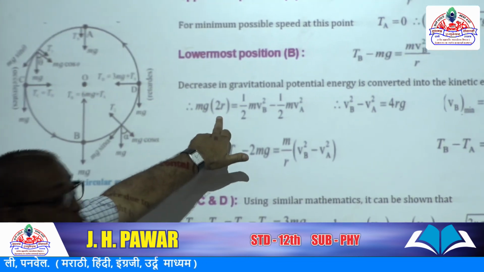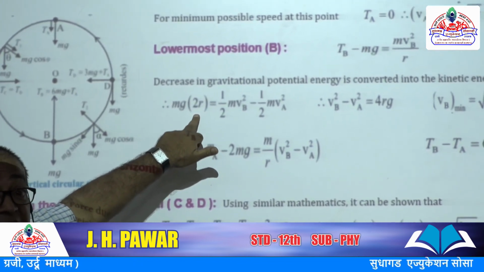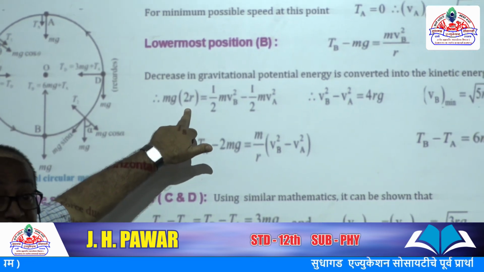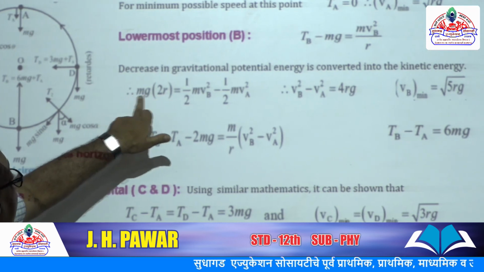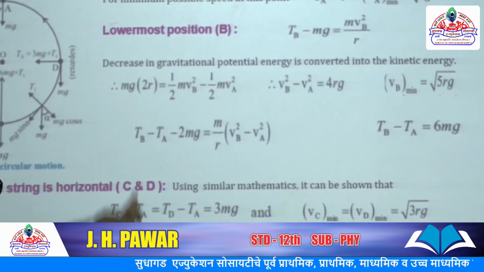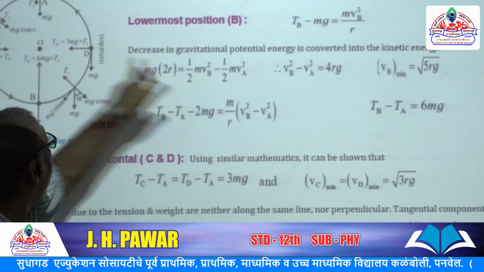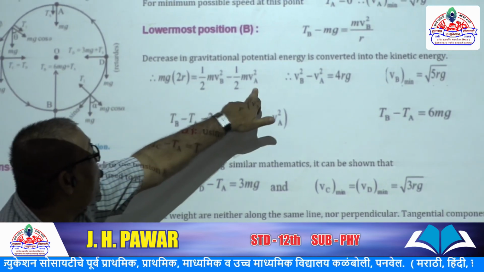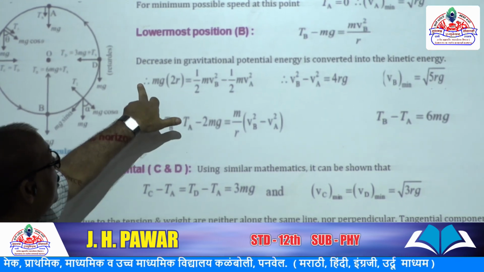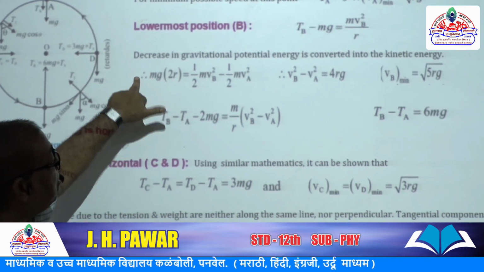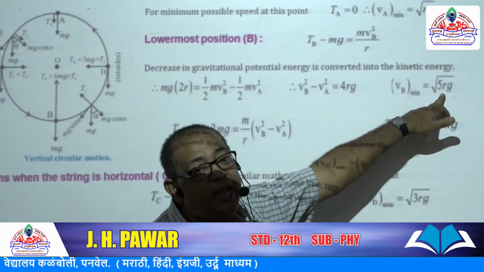Here mg2r is the change in potential energy, or decrease in potential energy, fall in potential energy. But instead of mg2r, here we take mgr. And as we take mgr, half m vb square, instead of vb we say vc or vd, and half m va square. Means here mgr is taken, 2 is taken here, means 2mgr is taken, and thereafter the rg term comes from here, and here we get 3rg.